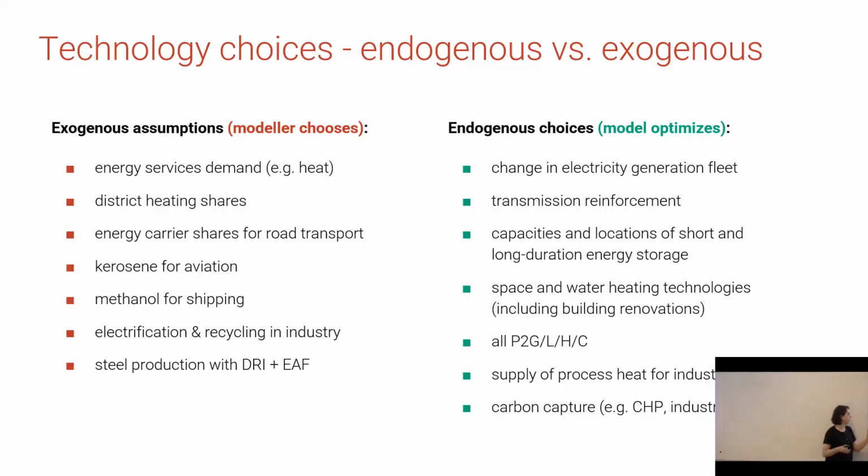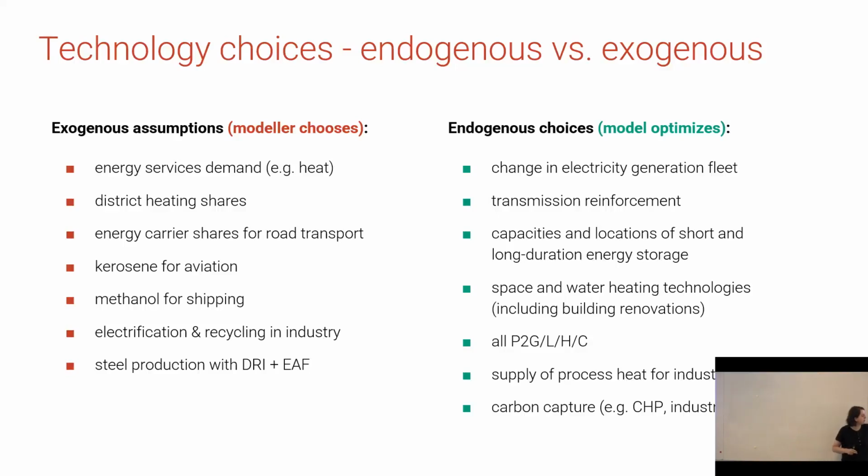The share of district heating, right? I explained before that we have regions with high population density, so district heating could be used. But you could also say, I don't think that in this country or in this region we are going to have district heating to its full potential because of other reasons, right? So you could always select to which degree the usage of district heating is fully allowed or disallowed, or something in between in every region.